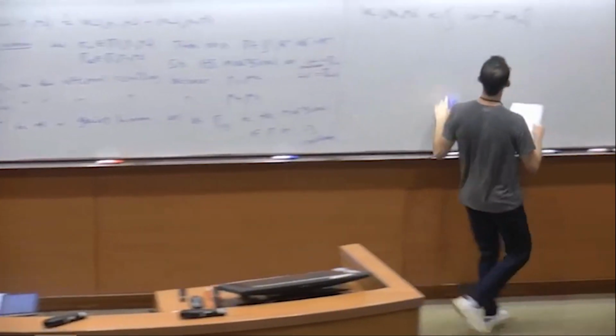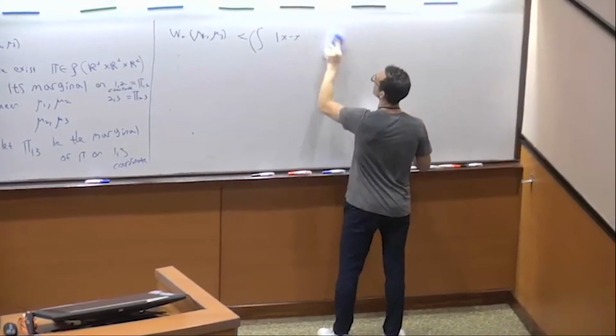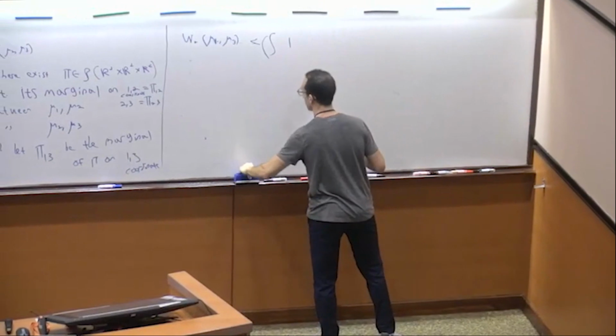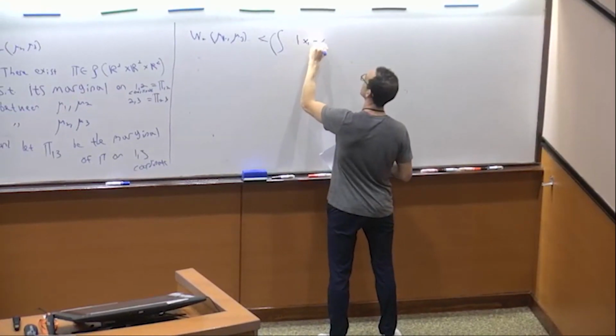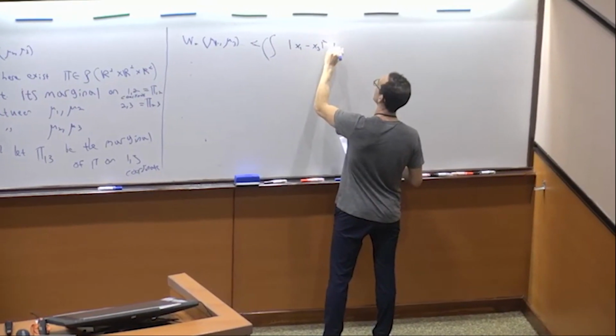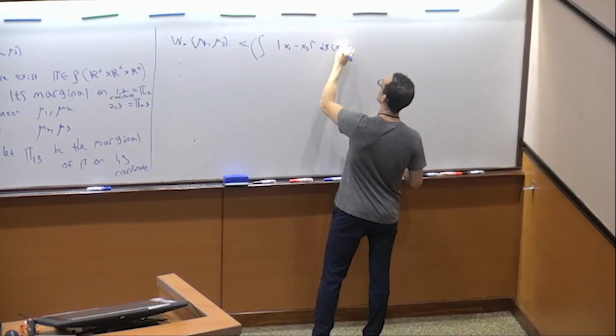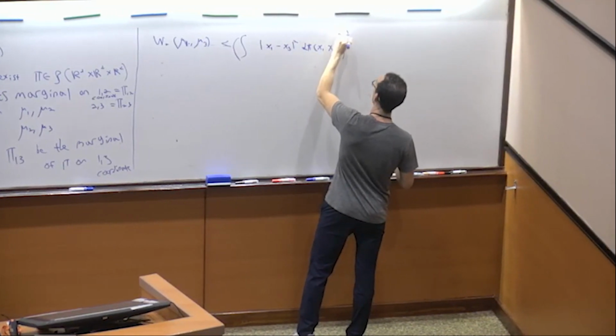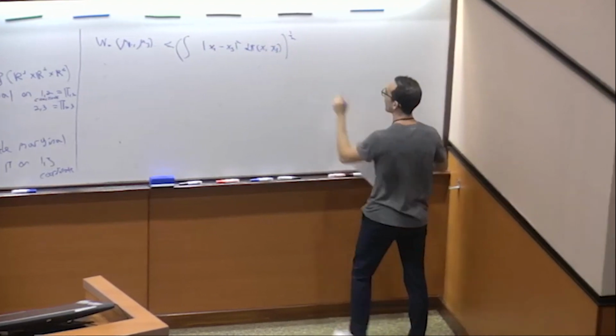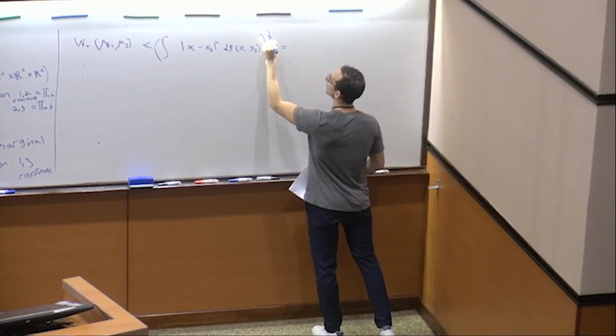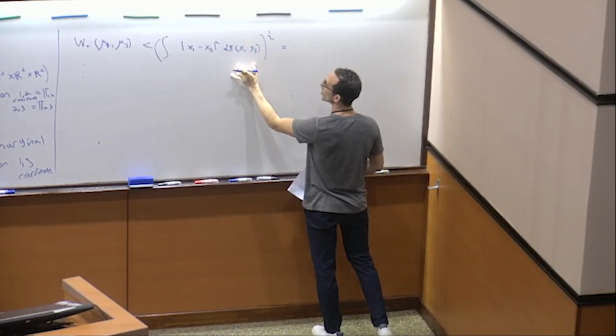Let me just change the notation a little bit. So this will be x1 minus x3 squared d pi x1 x3.